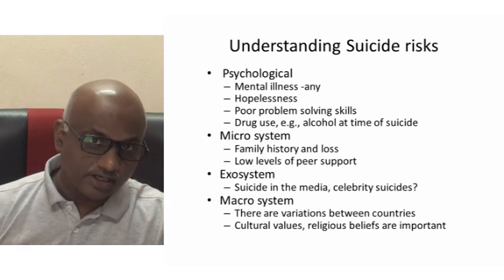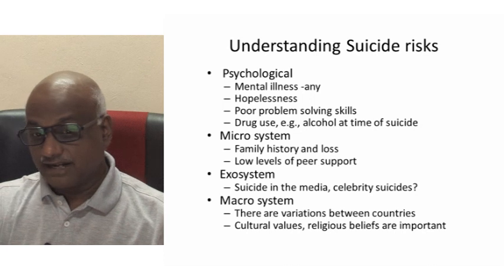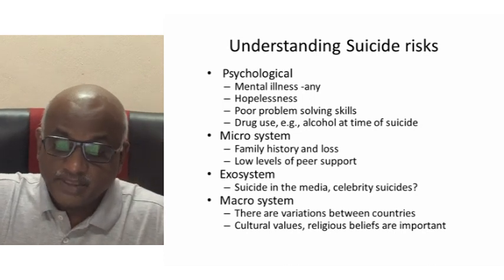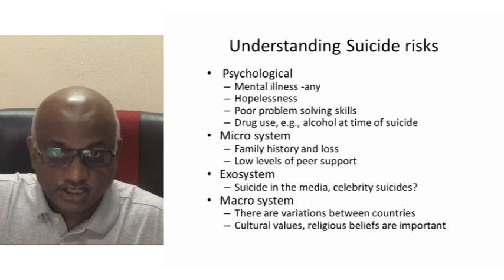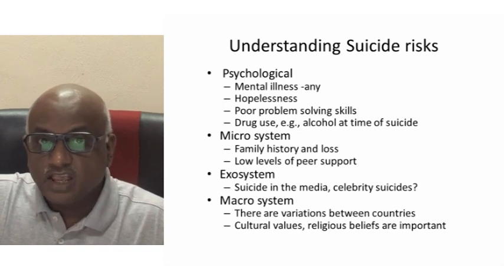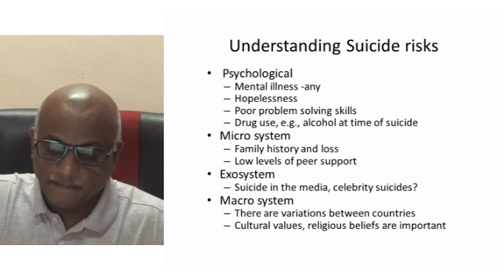Now, this is an important area we come to now, understanding the suicidal risks. There are many different risk factors for suicide. The first one is psychological factors. Mental illnesses are a very important cause for suicide.